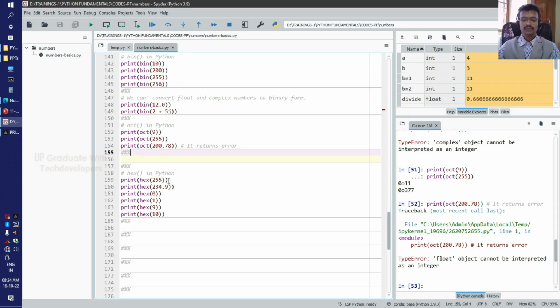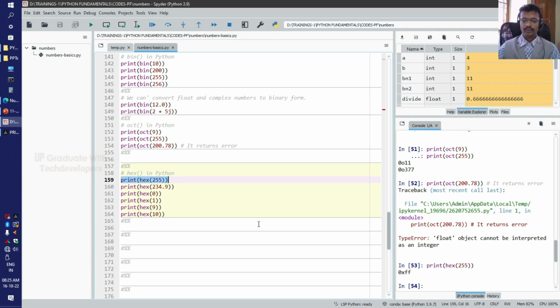Similarly, we can use the hexadecimal function to convert an integer value to a hexadecimal value. Let us see first for the integer value. We got the hexadecimal value as FF. Let us see whether we can create a hexadecimal number for a floating point or not.